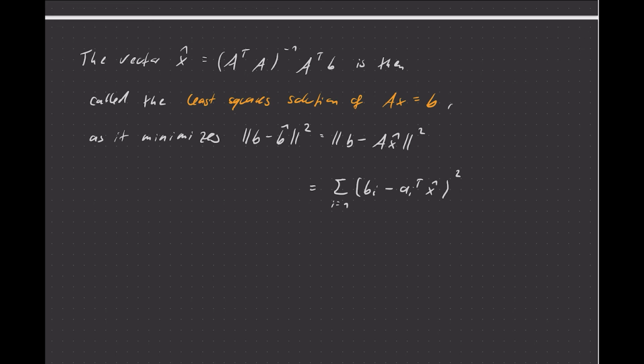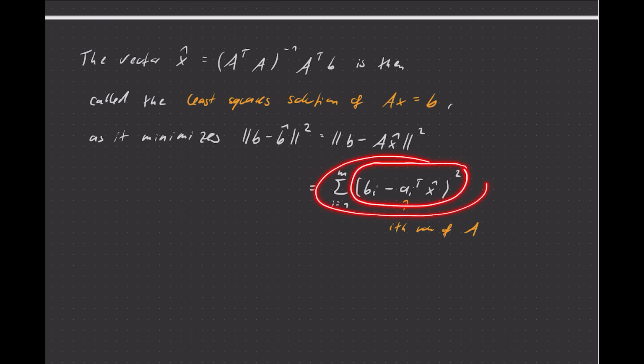So this goes from i to m, and this is meant to be the ith row of A. And that's where the name comes from, right? You have a number of squares, sum up those squares, and that's where this least squares solution comes from. So that's how the process works.